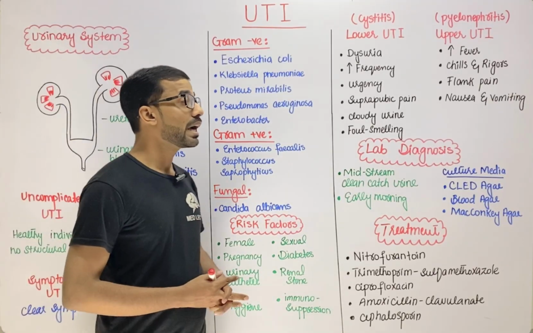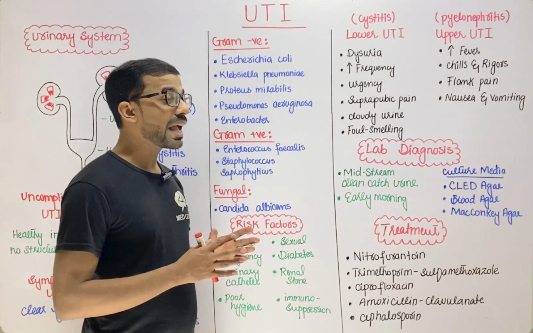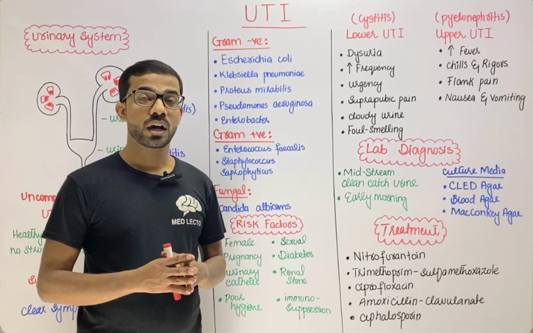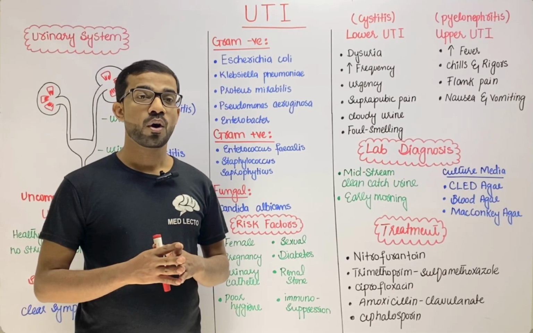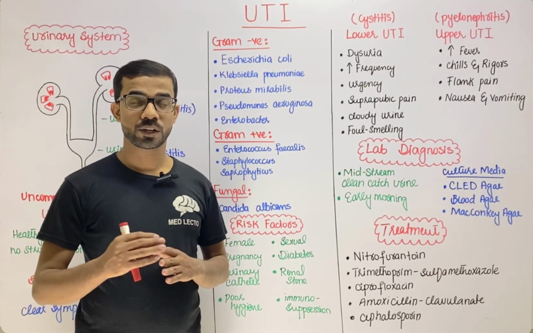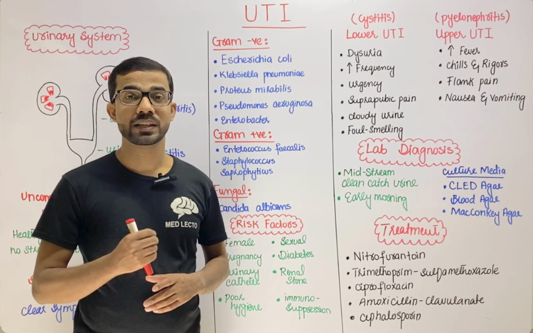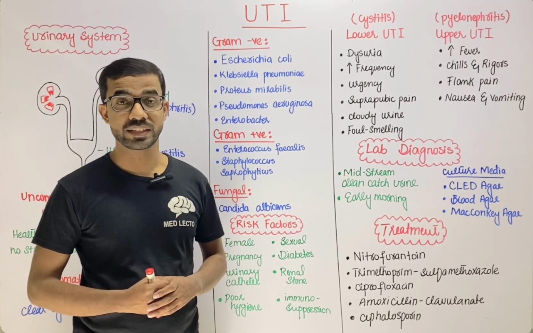Next, we will see the symptoms. We have categorized UTI on the basis of the parts. Lower will be the urethra and the urinary bladder, and the upper part will be the ureter and the kidney.